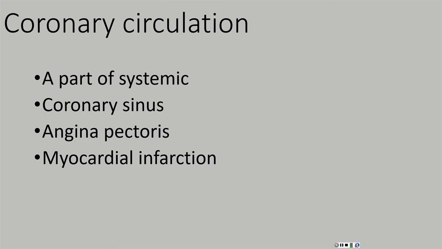Angina pectoris is what happens when there is a slight blockage in some of the small vessels of the heart that are supplying the heart muscle. So as a result of that, we start to get a buildup of lactic acid, and we get pain. The pain is the result of that lactic acid building up due to low oxygen.